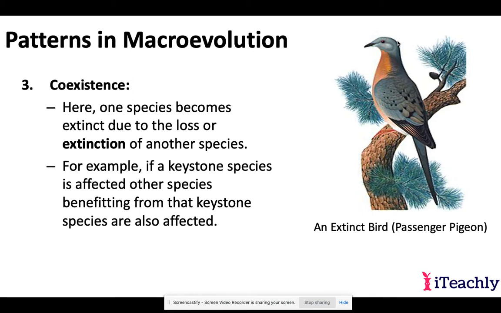You're now going to starve to death. So as a result of one species becoming extinct, it causes another species to become extinct. This is especially a problem when we have keystone species, which many organisms rely on.